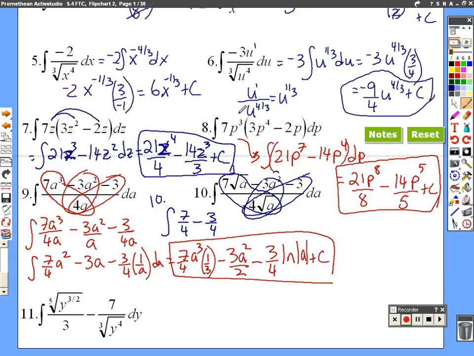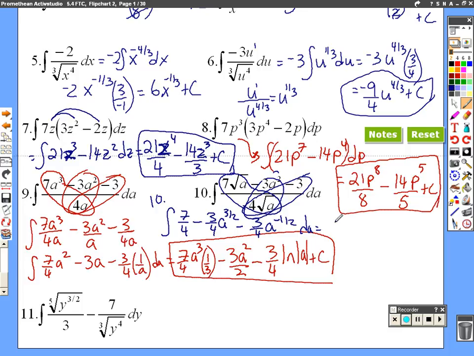You're going to subtract those exponents. So 2 minus 1/2 is 3/2. So that's a to the 3/2 minus 3/4, and I'm going to write a to the negative 1/2 because that's really what it is. dA.